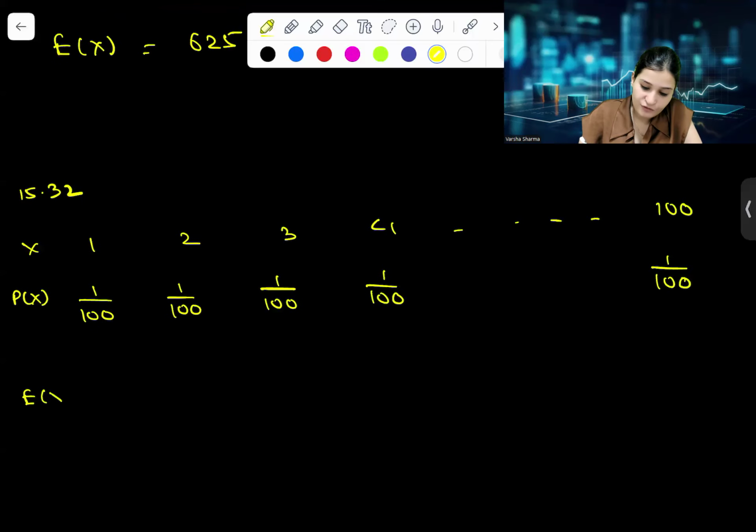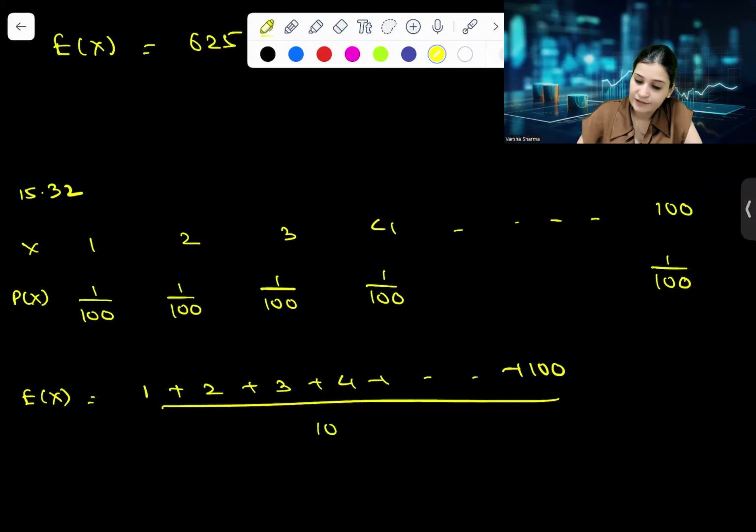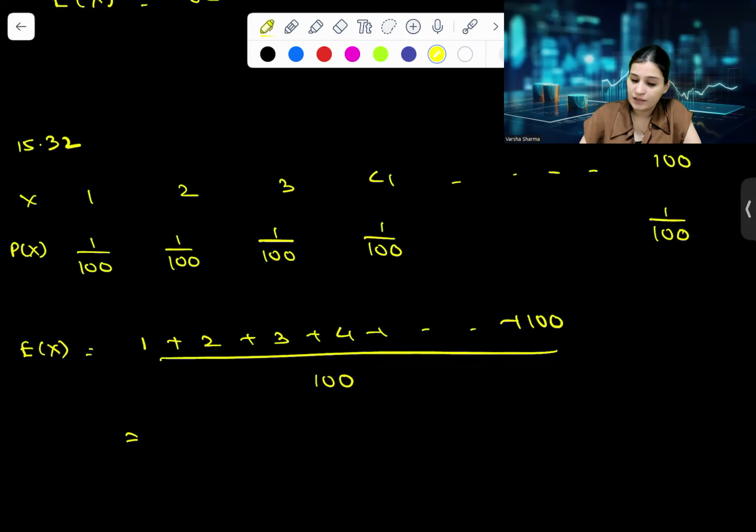So expected value of X will be 1 into 1 plus 2 plus 3 plus 4 up to 100, divided by 100. So we can use the mean formula, n by 2 into first term plus last term. 100 gone, 101 by 2.